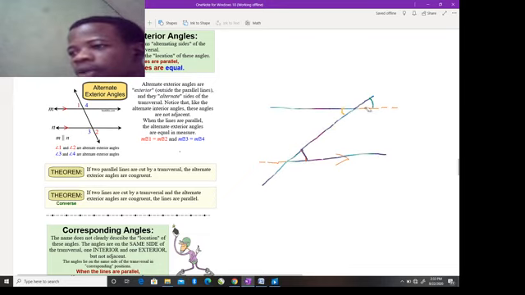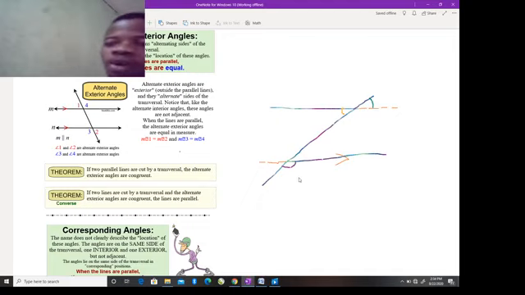What do you pick? You pick this place. This is an exterior, this is also an exterior, and they are on the same line. Note that this exterior alternate angle is similar to corresponding angles, but I will show you the only difference when I get to corresponding angles. So you have this side. If I name this A, this is B.